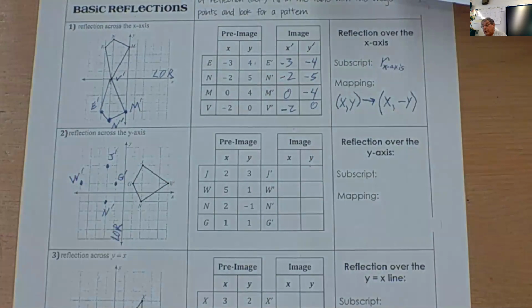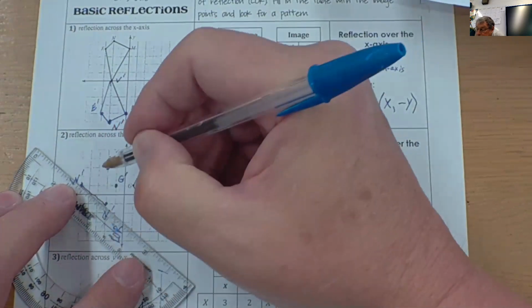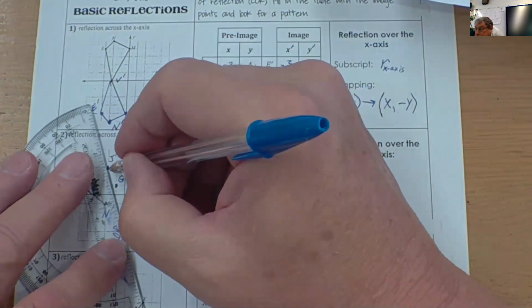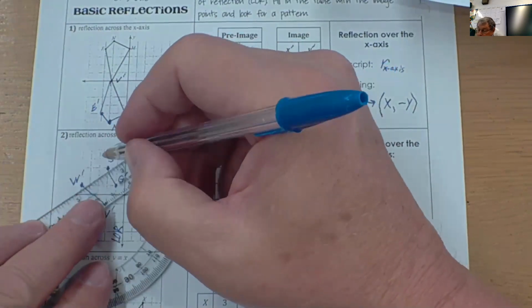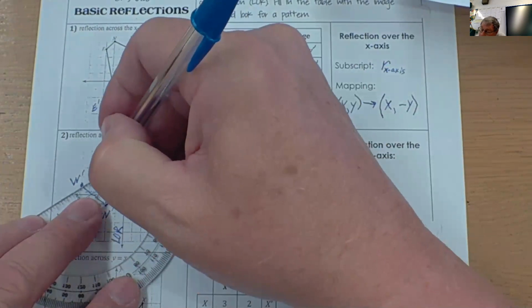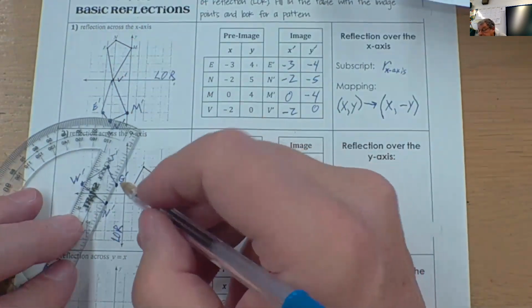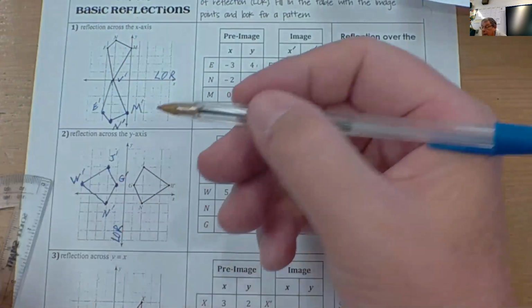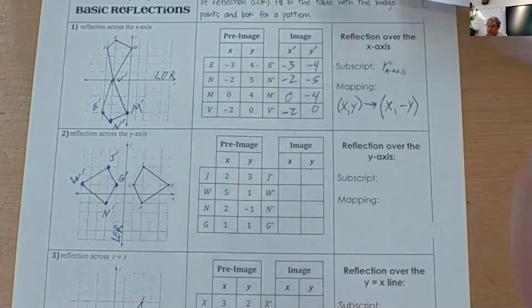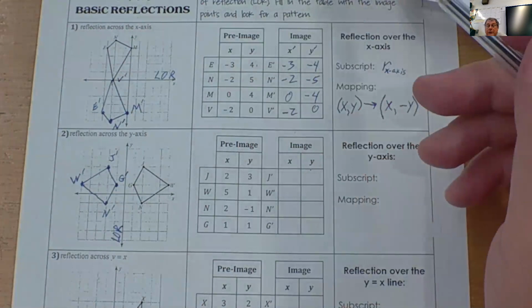Then, of course, we will play dot to dot. And we have reflected that figure JWNG over the y-axis.